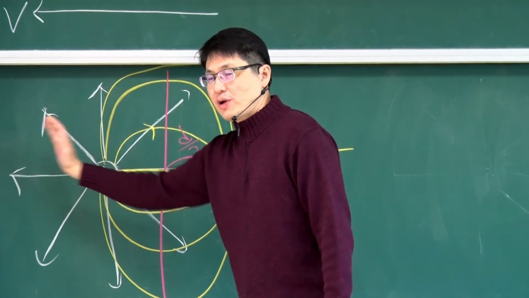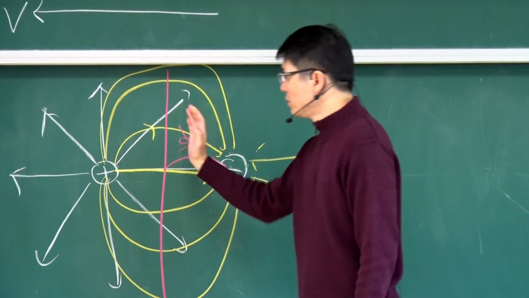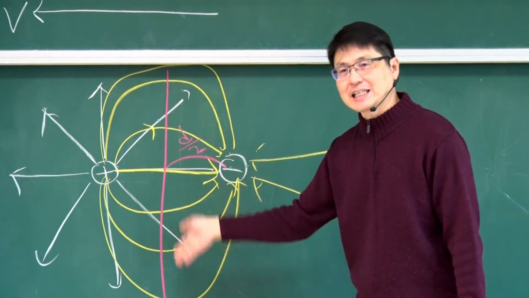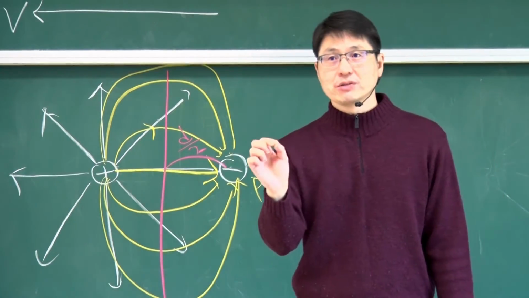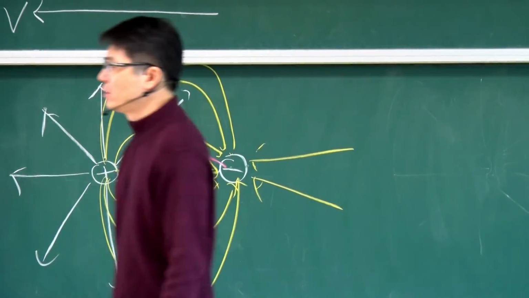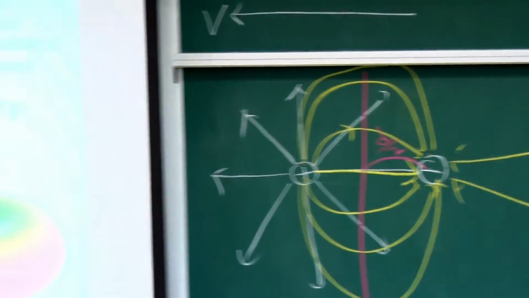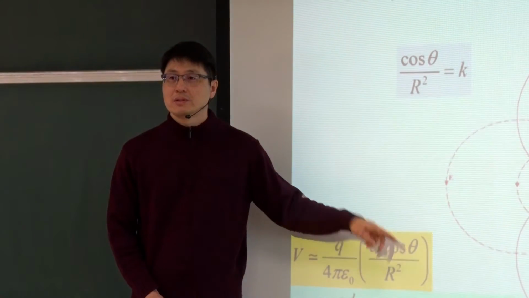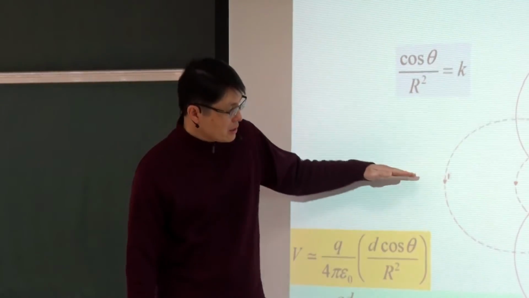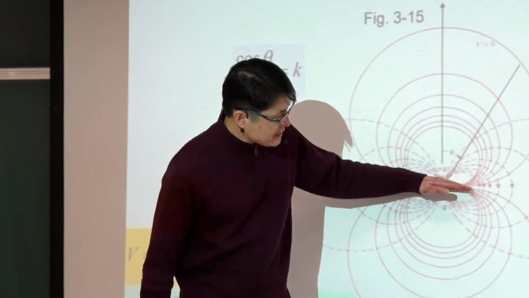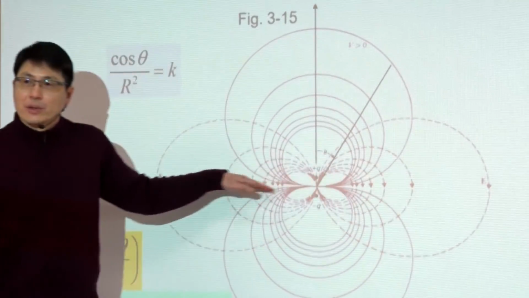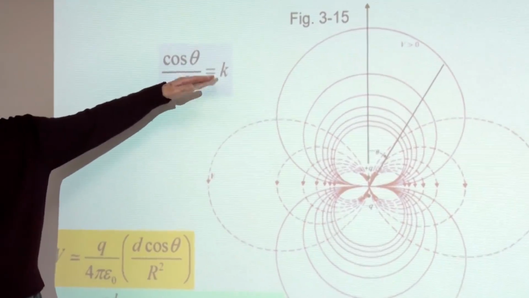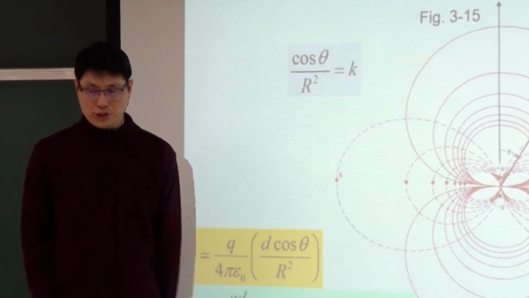To the left, you have positive potential. To the right, you have negative potential. So exactly on the bisecting plane, your potential needs to be 0. Cosine pi over 2 is 0. Okay? So at this bisecting plane, you have potential 0. Above it, positive potential. Below it, negative potential.